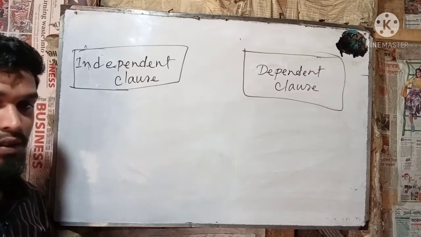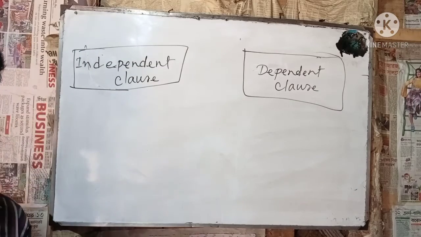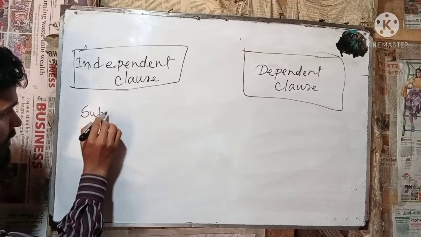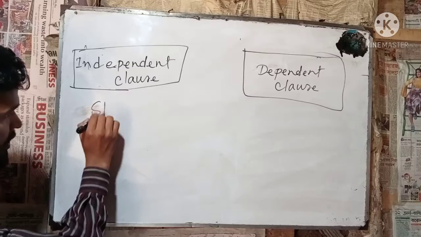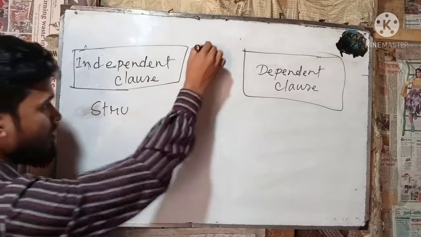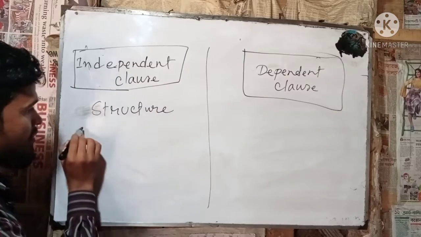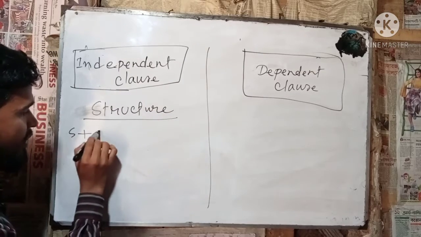The structure of an independent clause is subject plus verb.